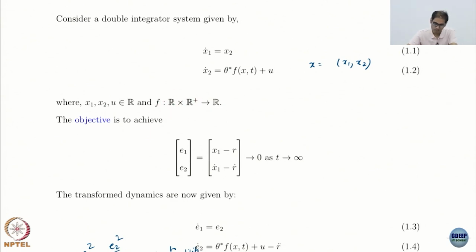So what is the objective? Tracking. What is tracking? It means that I have a signal r and the position follows r, velocity follows r dot, because I have this matching kind of requirement. So the trajectory also has to satisfy this. The velocity is the derivative of position. Great.